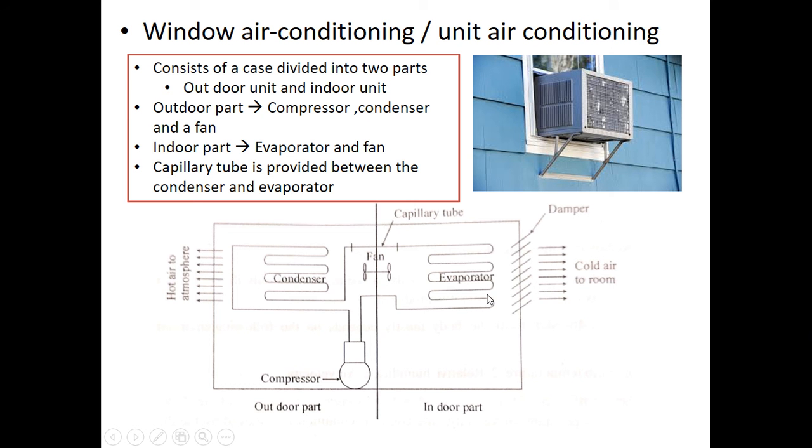The low pressure refrigerant vapor leaving the evaporator goes again to the compressor and is compressed to very high pressure, and the high pressure vapor is condensed in the condenser, and likewise the cycle of operation repeats.